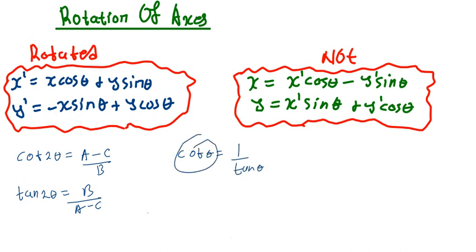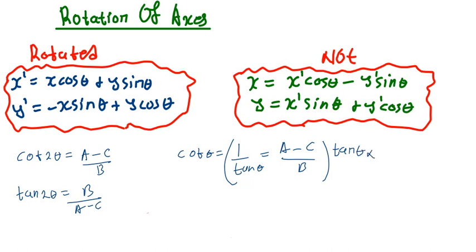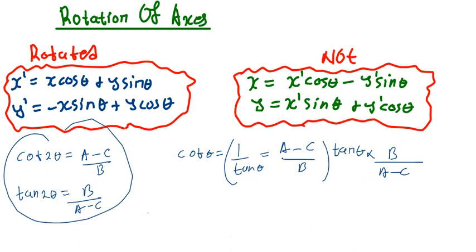So if here I substitute, this is equal to A minus C divided by B. If I make tan theta the subject of the formula, I multiply both sides by tan theta, then I also multiply both sides by B over A minus C, such that I cancel this one and that one. You're just going to end up with this one here. So this right here is how you come up with your angle. Is that okay?